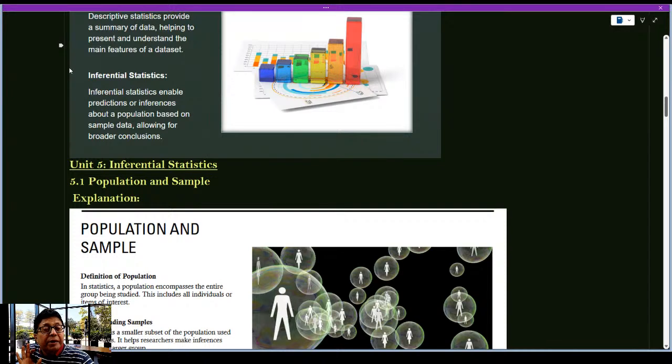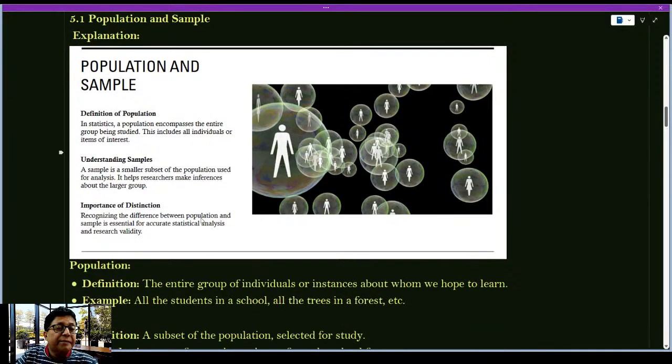Something related to sample will be referred to as a statistic, and something related to population is said to be a parameter. Here in this diagram, I have tried to explain the meaning of population and sample.